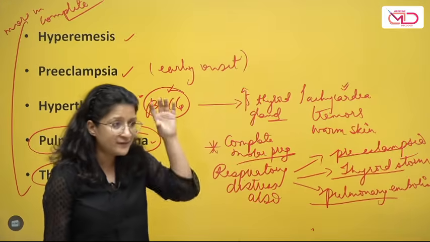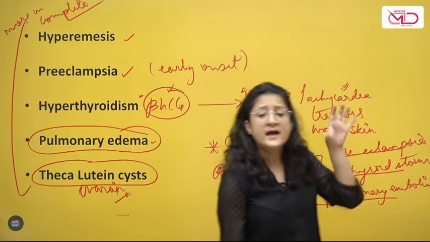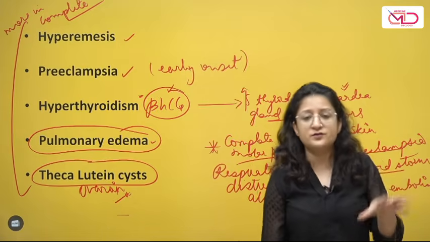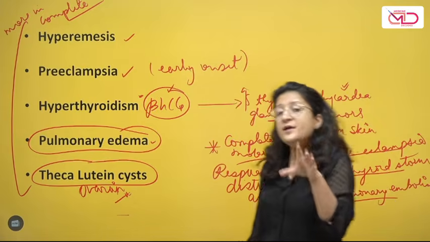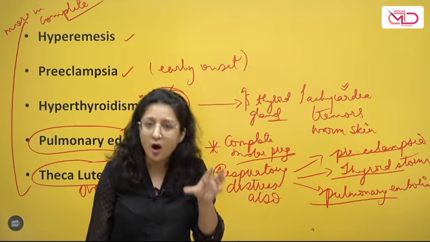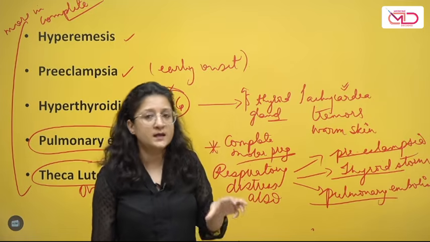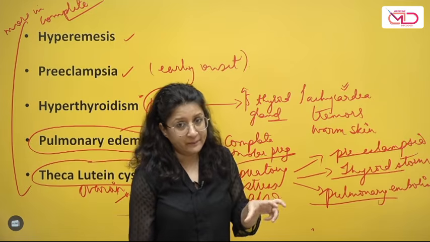Now, why am I emphasizing thyroid storm so much? I'm telling you that it happens in about 8 to 10% of cases, or 7 to 10% of cases, but I am emphasizing this for you to remember and keep in mind, because it is of imperative importance for anesthesia, right?